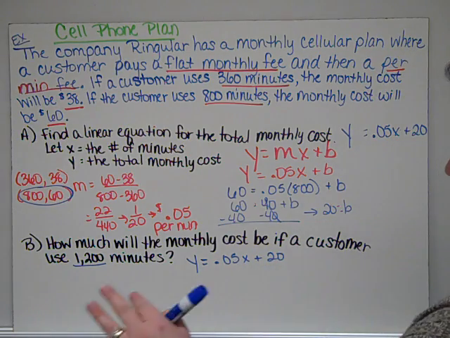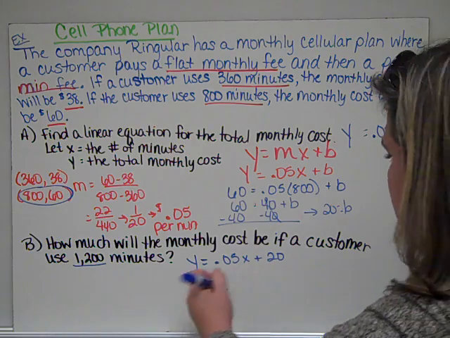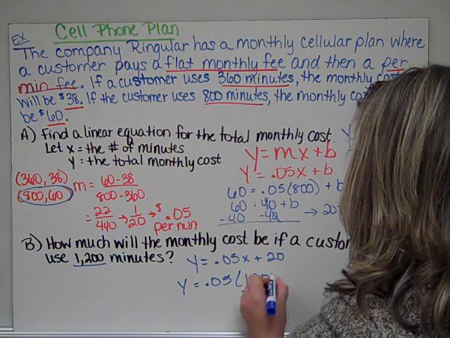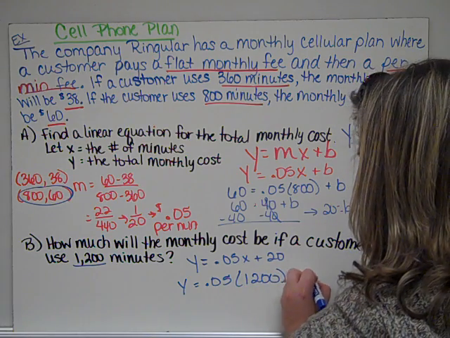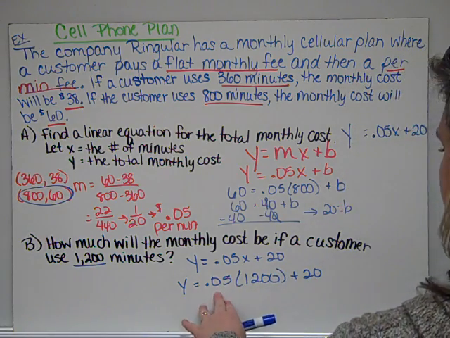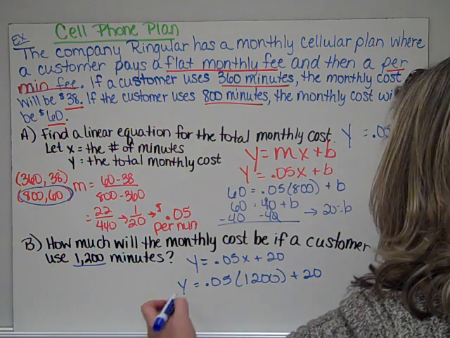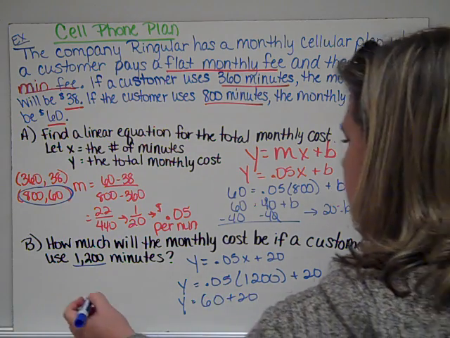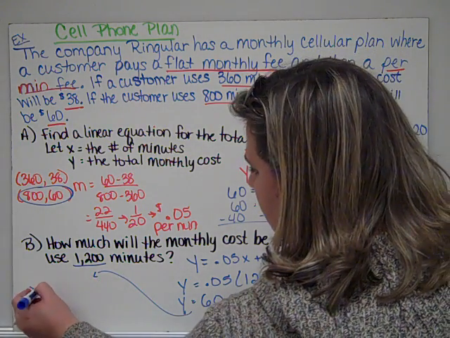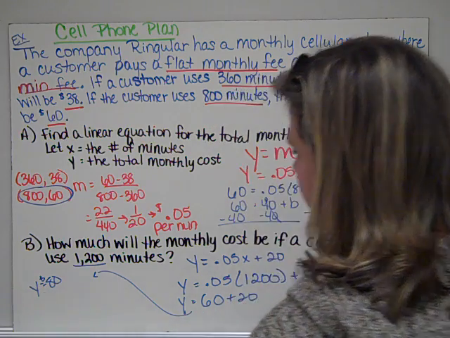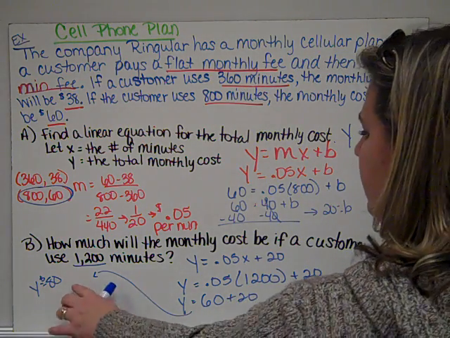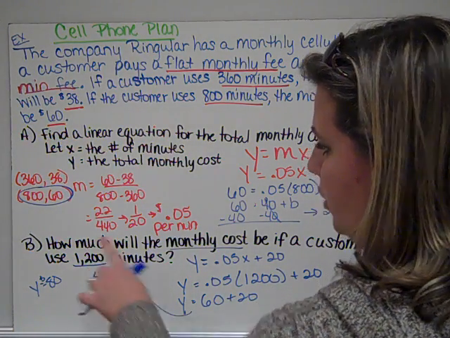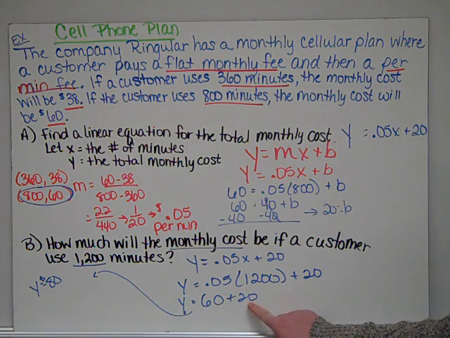They're going to pay $20 no matter what, so we plug in 1,200. 5 cents times 1,200 is 60, so the total monthly cost is going to be $80, with a $20 flat rate.